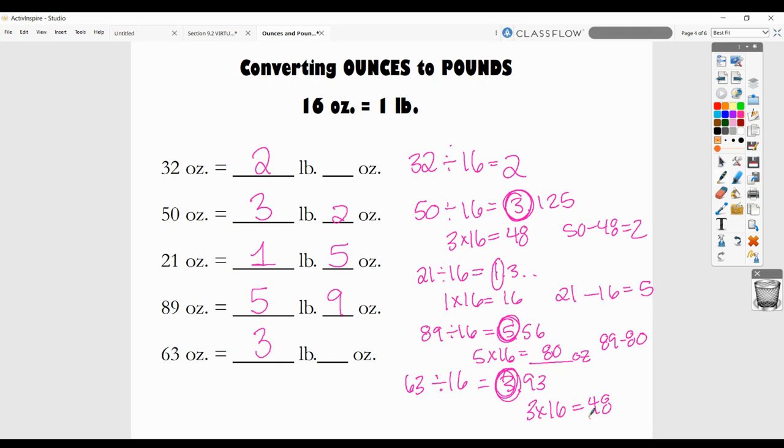How many more ounces do I need to get to 63? Or you could just do 63 minus 48. 15 ounces. Woo! So it's almost 4 pounds, right? 1 ounce off, because if this was 16 ounces, that would be another pound, so 4 pounds. So almost 4 pounds.